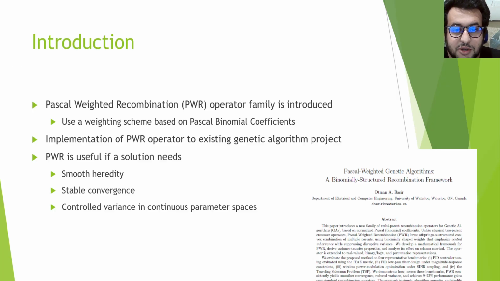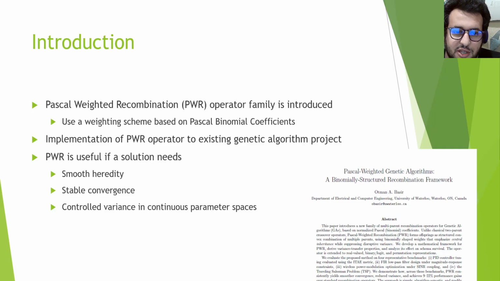So this Pascal Weighted Recombination, which is going to be PWR from now on, is a family that is introduced in this paper. I am going to focus only on the binary convergence.